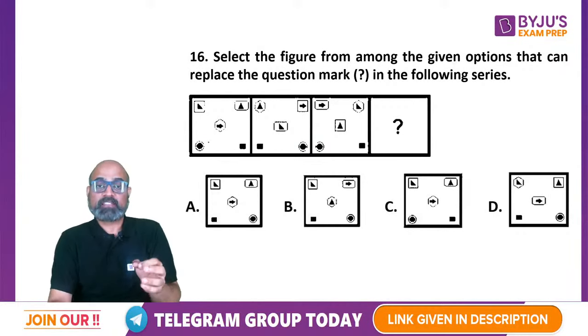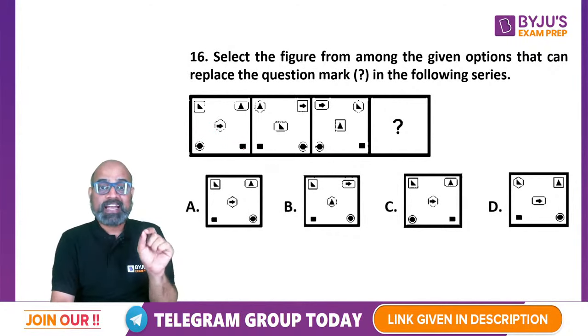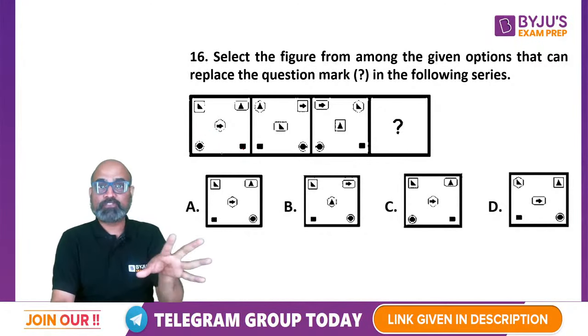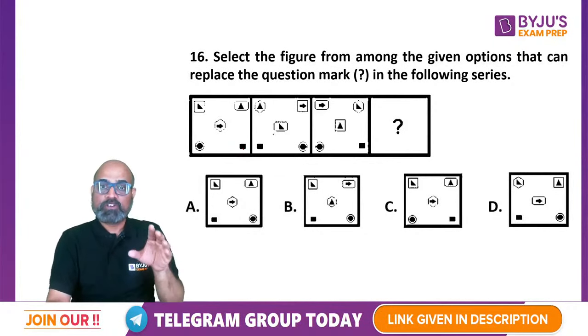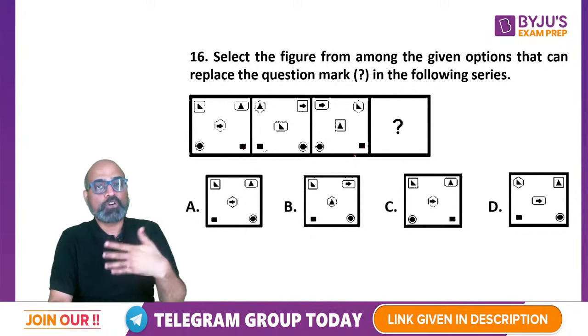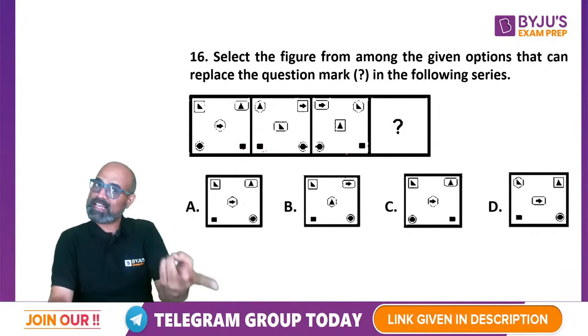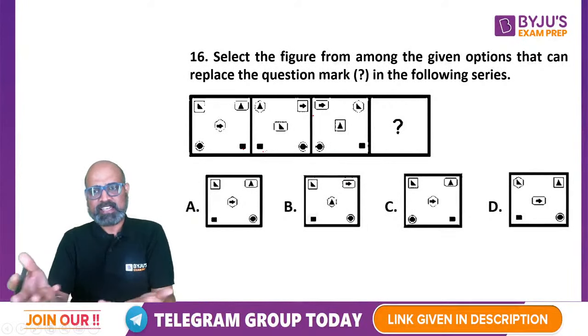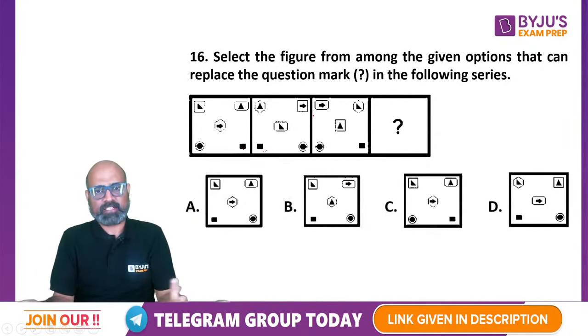Next, you see some figures are within a boundary, right? You will find that this square is not within a boundary. All the remaining 4 are. Looking at this particular figure, the square is again not in the boundary. That means the square should not be in the boundary. This is the second thing we have in mind. Let's use this and see from the options whether we can eliminate or select something.